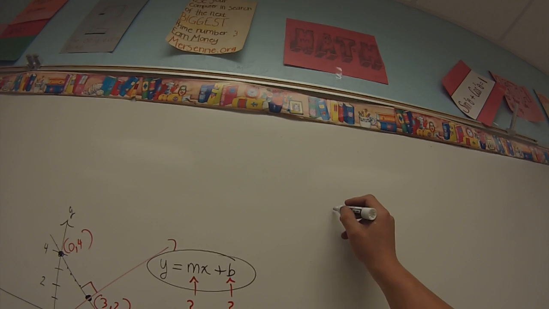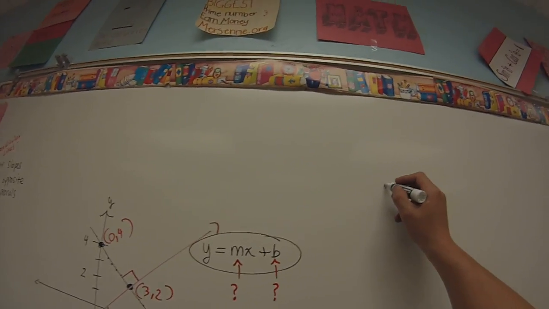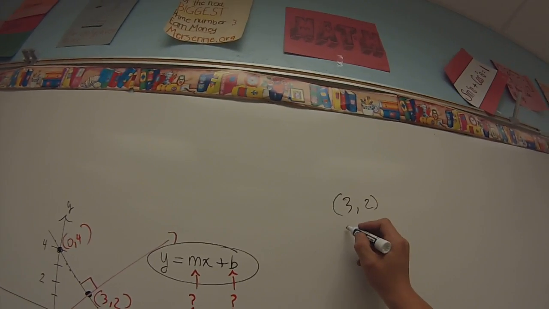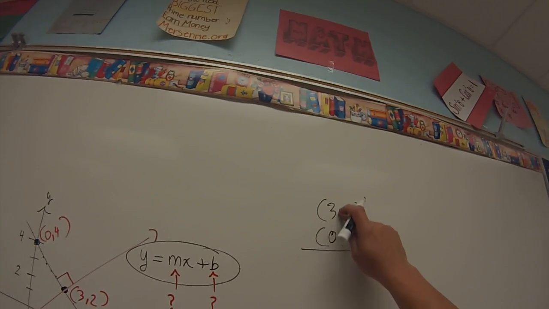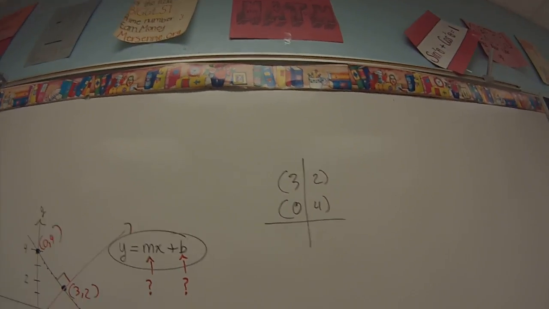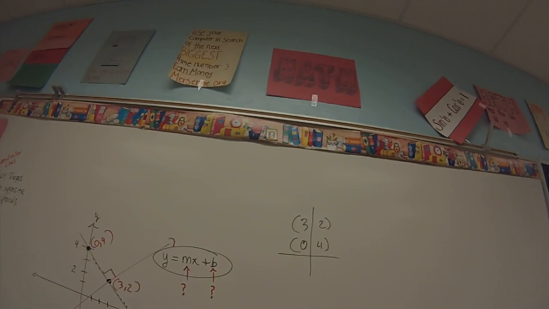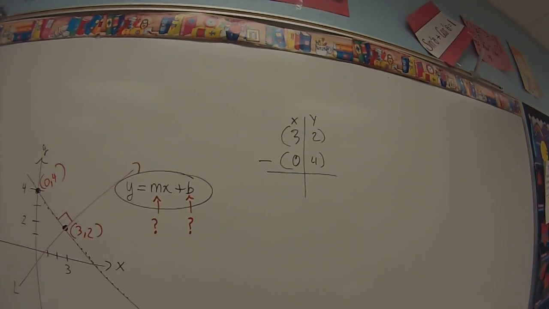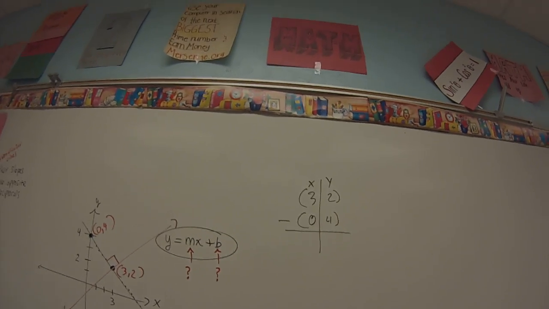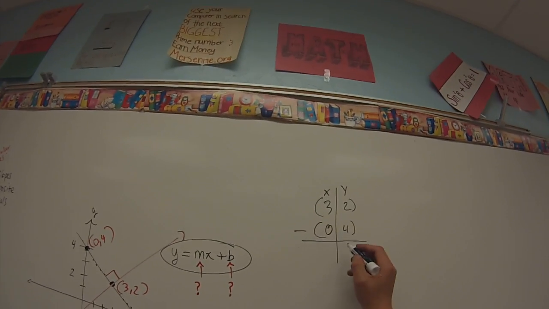Okay, so the slope of the black line is going to be (3, 2). Stack them and subtract them, so we put them right on top of each other. It doesn't matter which order pair goes on top. So let's see here, that's the y, that's the x. First, 2 minus 4. 2 minus 4, that's -2.